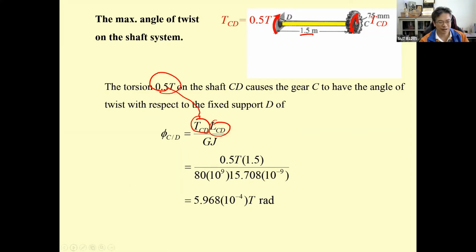From this one, if you mark it, this one has this rotation, and this is going to be phi C/D. That also occurs on the small gear C. And then the rotation that occurs on this section, the light blue rotation, is also going to occur on the larger gear.